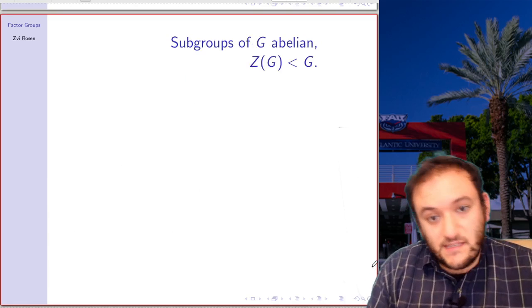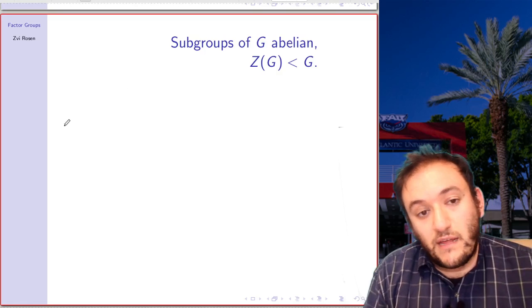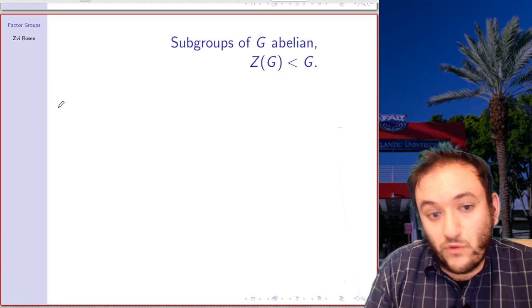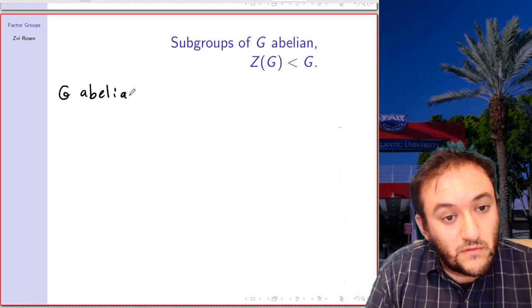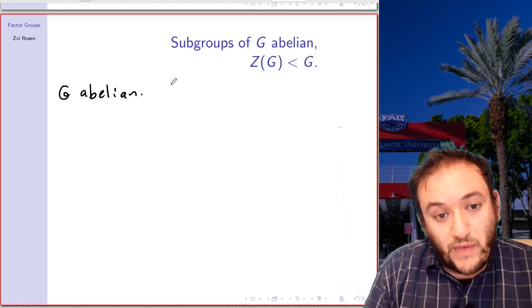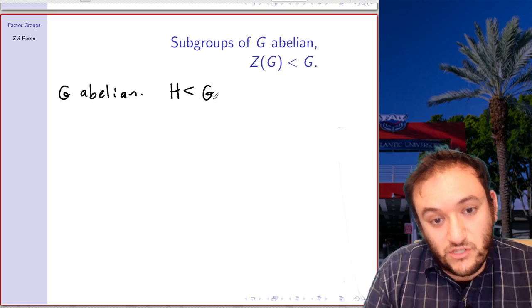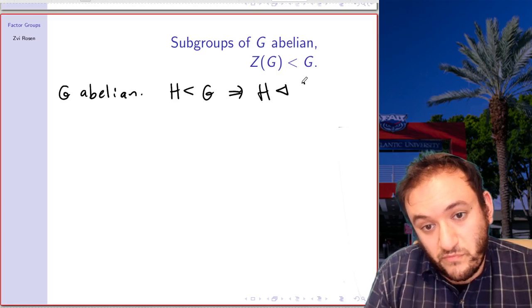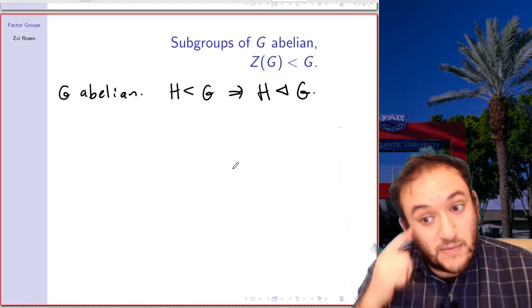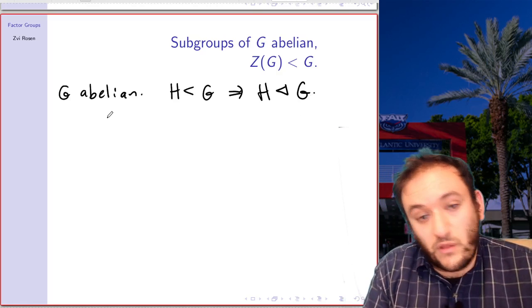And there are a couple of other things where we have facts about normal subgroups. If you have G abelian, and we have a subgroup H in G, that means that H is a normal subgroup. So all subgroups of an abelian group are normal.